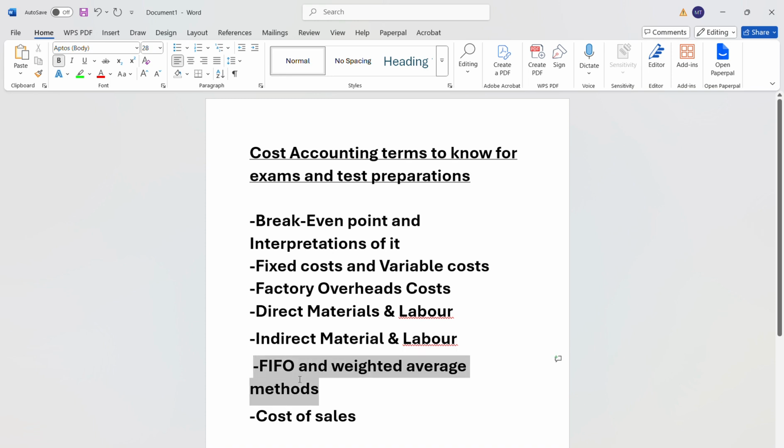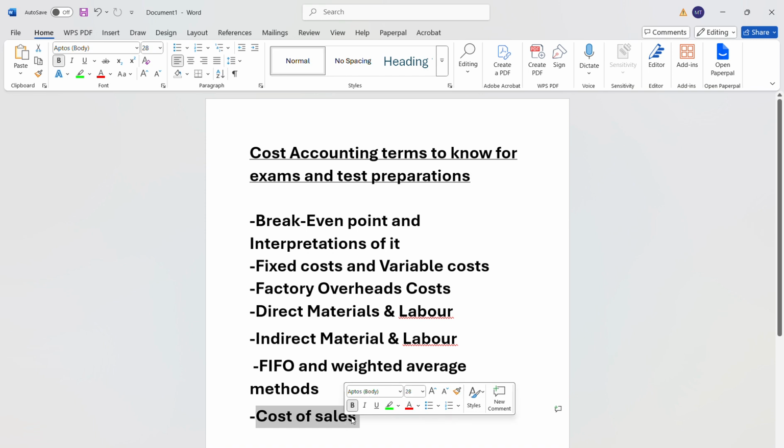Then you have to know the difference between FIFO and weighted average methods. Sometimes they tell you the business is using FIFO or weighted average, so that you'll be able to calculate the closing stock of your materials and your finished goods. Then we have cost of sales.